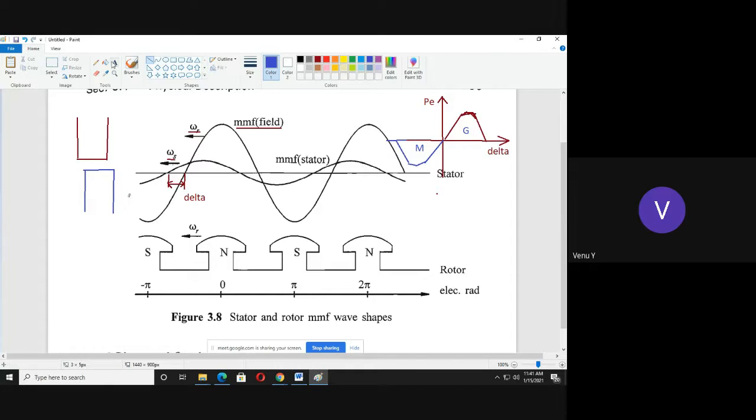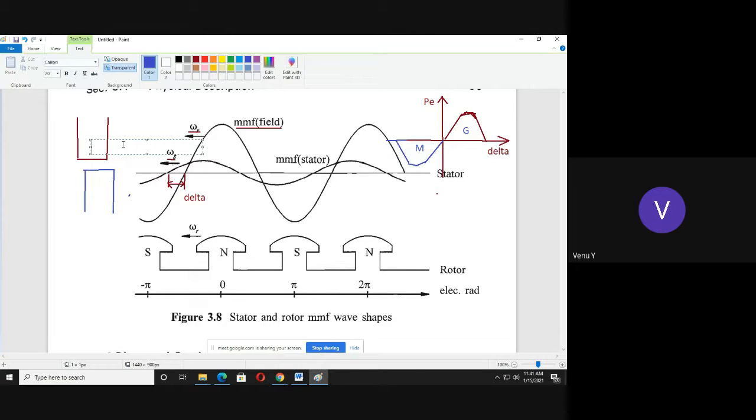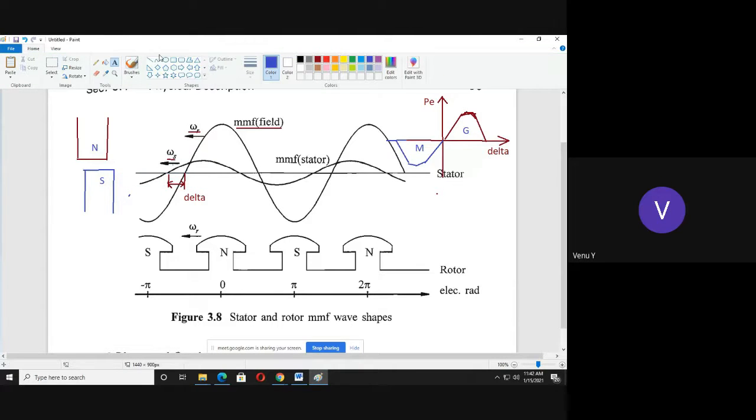Stator and rotor here. So let us have, this is the north pole. Then this is the south pole. The magnetic lines of force are like that.